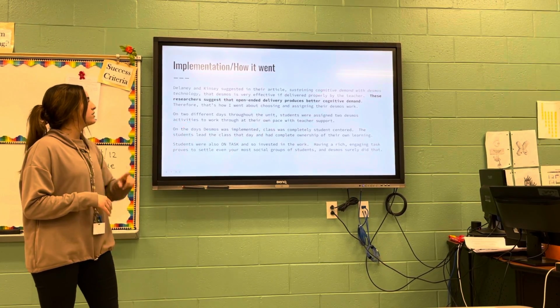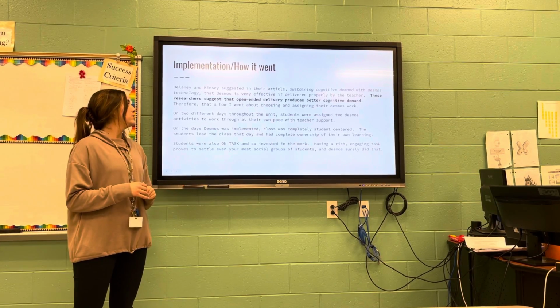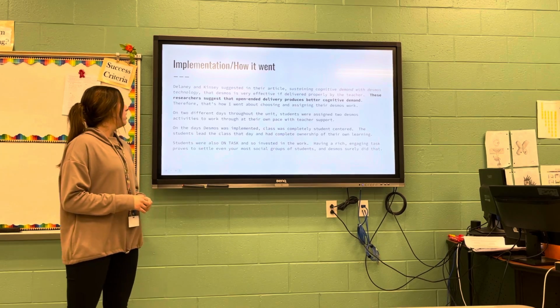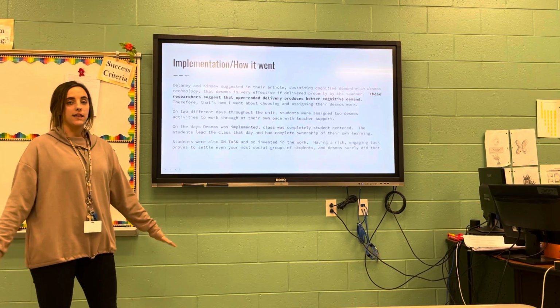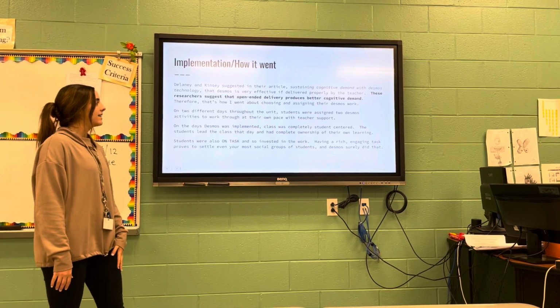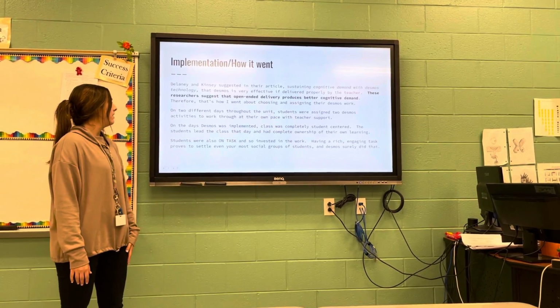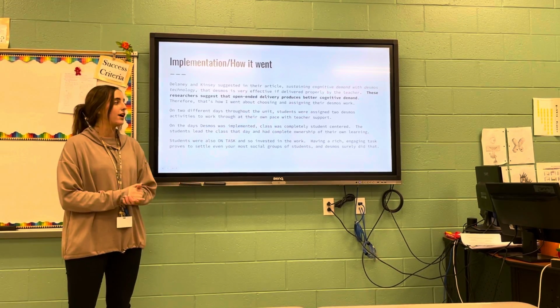On 2 different days throughout the unit, students were assigned 2 Desmos activities to work through at their own pace with teacher support. On the days Desmos was implemented, class was completely student-centered. The students led the class that day and had complete ownership of their own learning. Students were on task and so invested in their work.